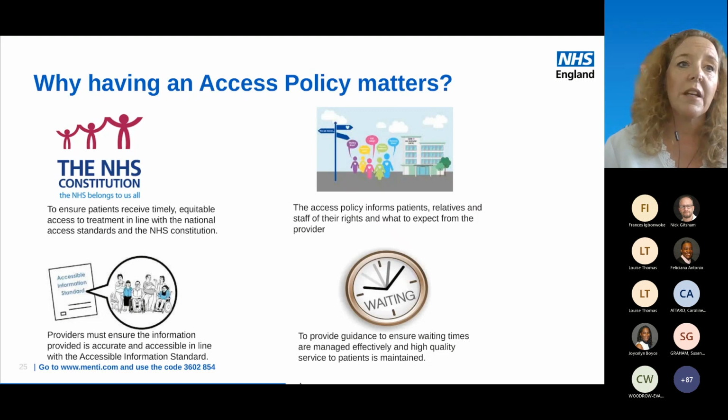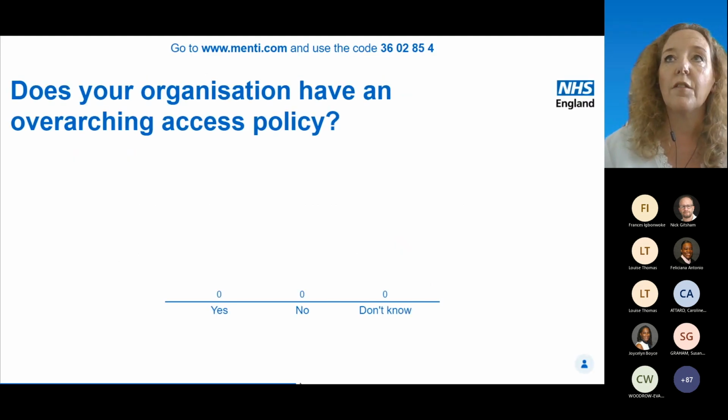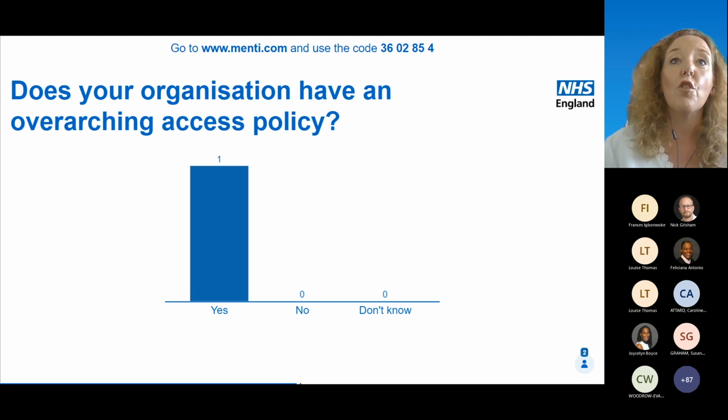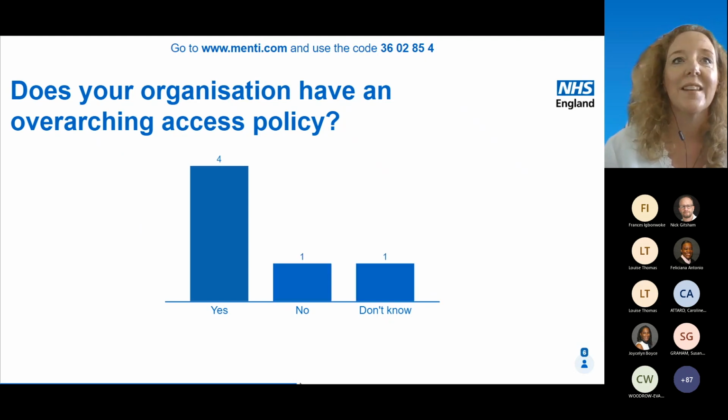Next slide, please, which I believe is a Menti question, and the first of this section, and it's a straightforward Menti question. So, does your organisation have an overarching access policy? And it's a yes or a no. It's great to see that we've got 5 yeses. That's 9. Amazing. 12. That's brilliant.